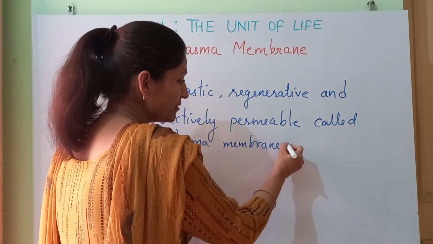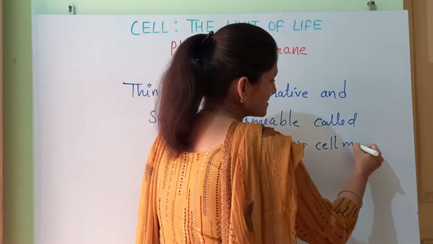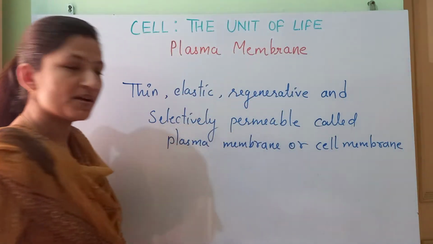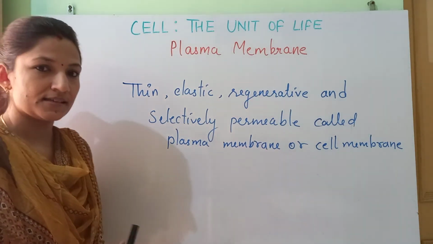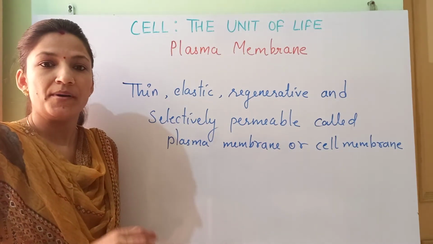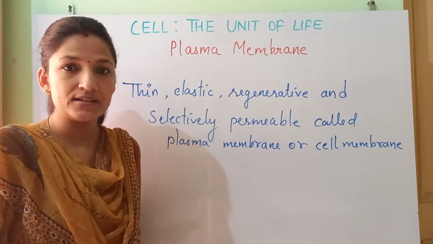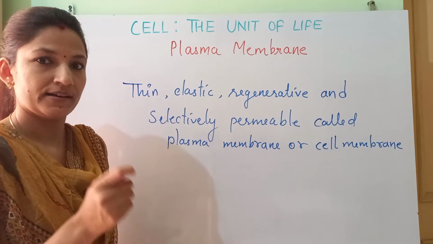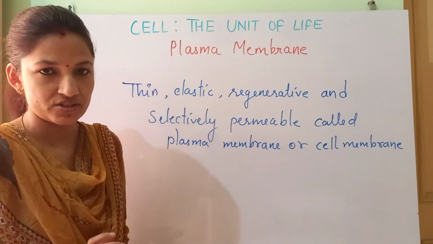This plasma membrane can be named as cell membrane too. We can call it cell membrane or plasma membrane. Fine. Now, in a cell, other than this external covering, the membranes which are enclosing different organelles also help in forming a boundary to those structures.